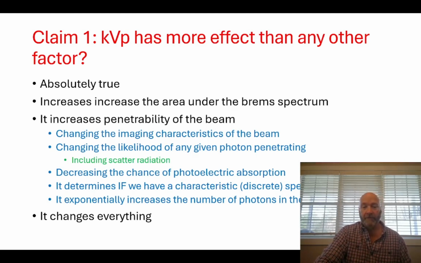It exponentially increases the number of photons in the remnant beam. So even though we increase kVp a little bit, it increases the number that we create. What's more significant is what comes through the patient and what is post-patient. So it changes everything with the exception of what filtration changes.